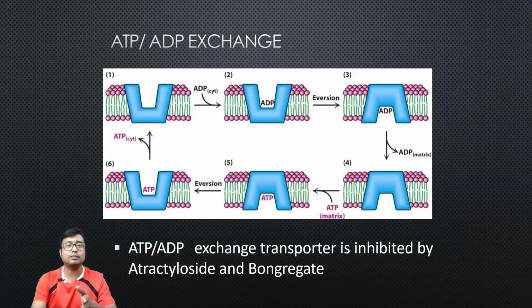This is inhibited by atractyloside and Bongkrekate. ATP-ADP exchange transporters are inhibited by Bongkrekate. Remember the names, very important. Make a chart, write these names because these are new names, right?